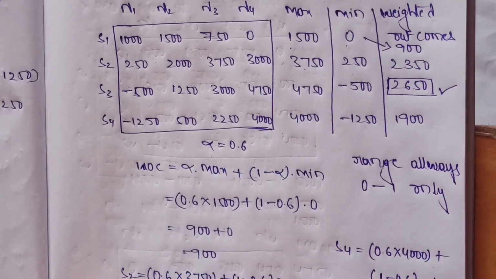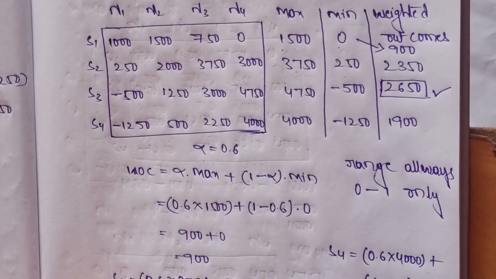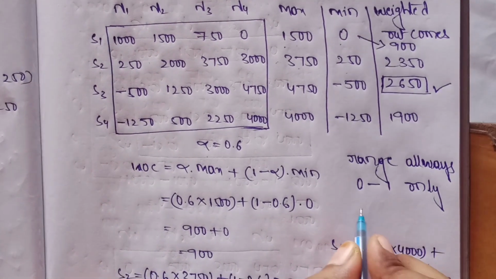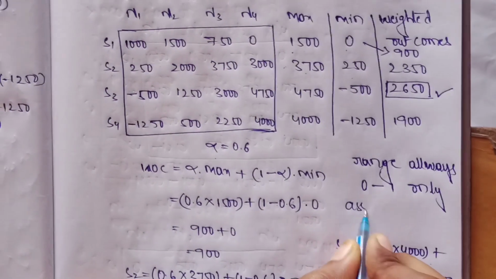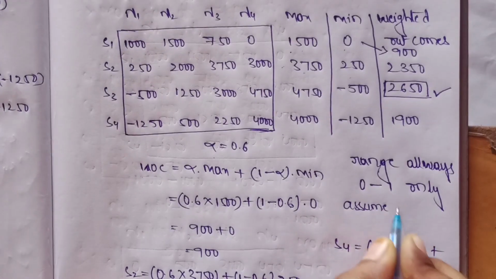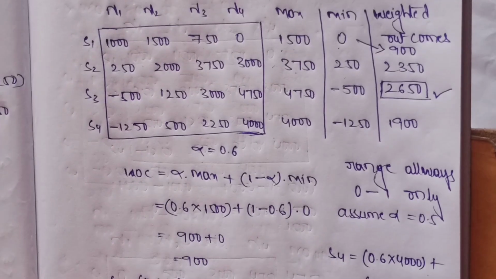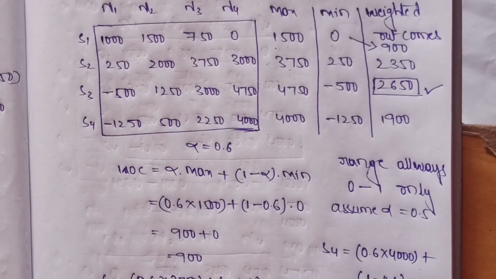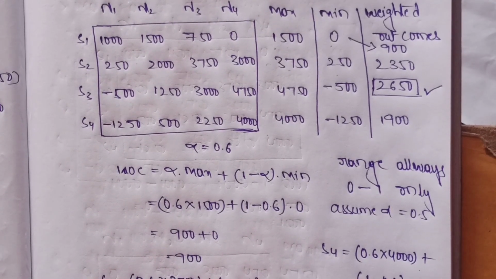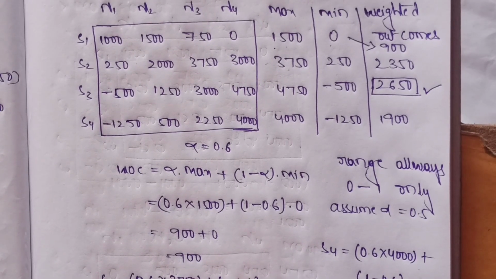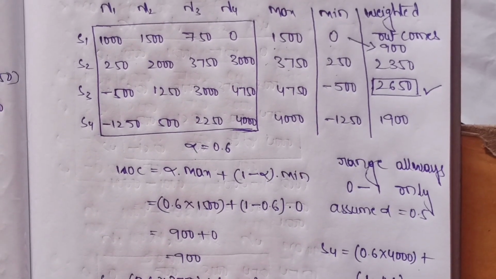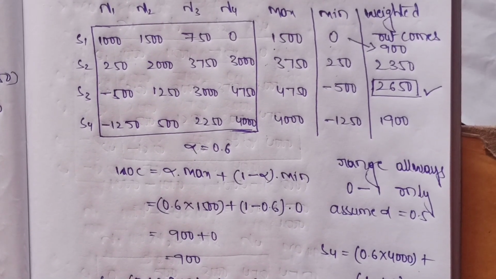If the alpha value is not mentioned in the problem, we have to assume the alpha value is equal to 0.5. While the alpha value is given, we have to consider that alpha value. Even if it is not given, we have to assume the alpha value is equal to 0.5.